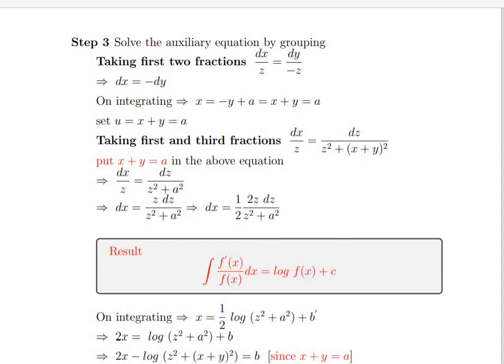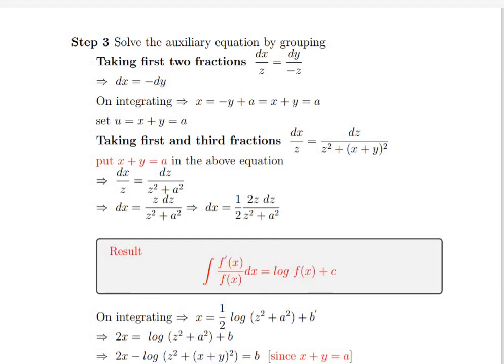So the equation will become dx is equal to 1 by 2 into 2z dz by z square plus a square. Here you can see the derivative of the denominator is present in the numerator. So here we can apply the result, integral of f dash of x by f of x dx is equal to log of f of x, that means log of the denominator function plus the integration constant c.